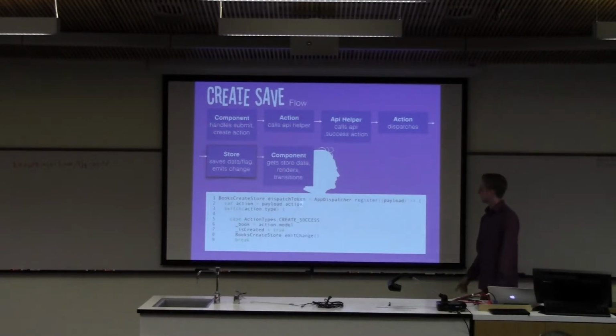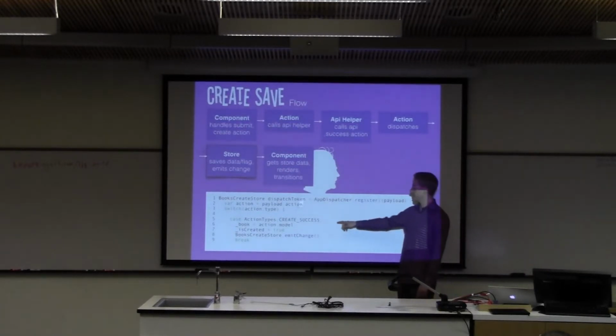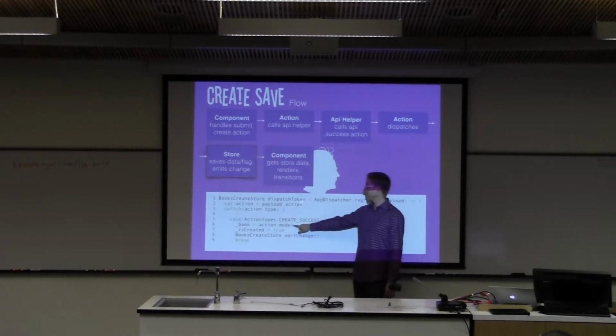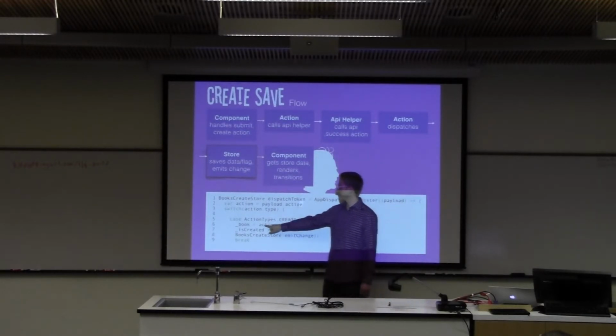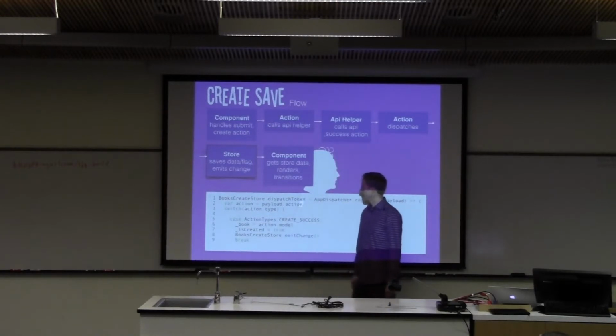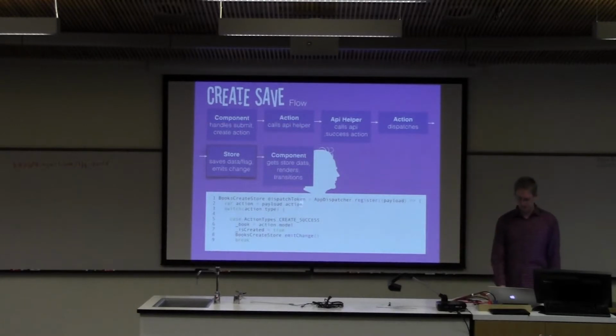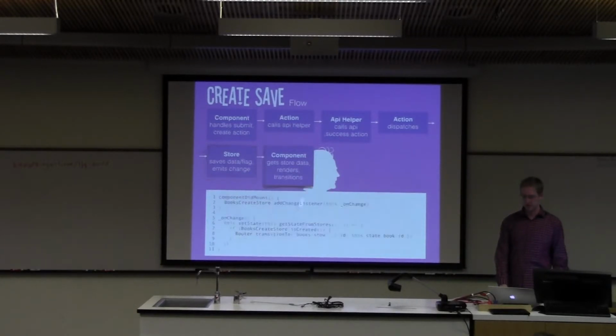And then in the store that cares about this particular event, it's going to say, OK, I care about it. And I'm going to save that book inside me. So this is inside the store. And I'm going to set some state here, as this is fully created now. And then I'm going to say, I'm changed. You don't necessarily care how, just that I've changed.